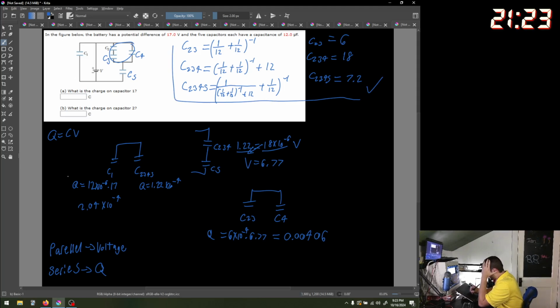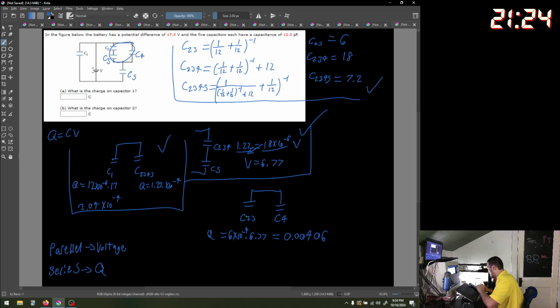This part I know is good. Check. This part is the same as what I did here. Take this, divide them, and then here, C23 is 6. I mean, I can look.